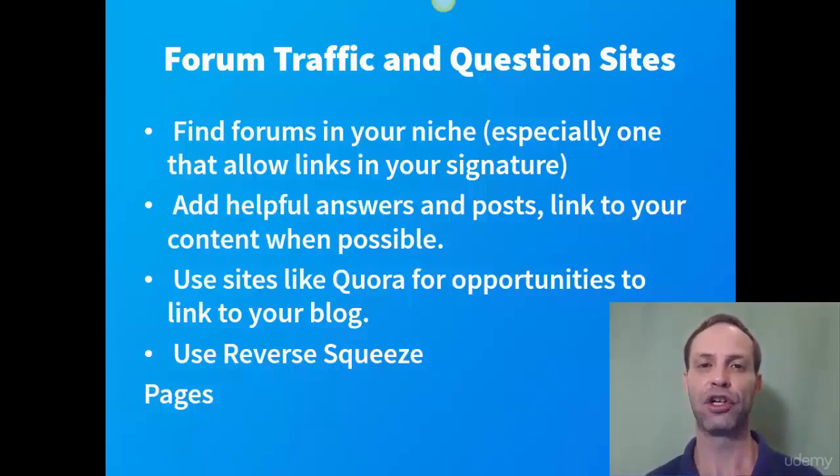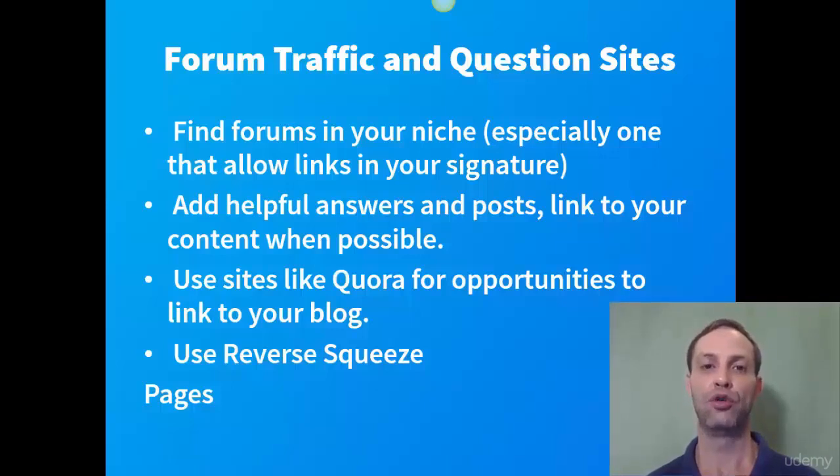So if someone asks a question on a forum about dog training, and you have a blog post directly related to that, you can go on there and say, hey, here's some basic advice, write some simple things in the forum post, and then say, I wrote a whole blog post on it here, check it out if you want, and then just leave the link to the blog post in there. And then when people read and see that you know what you're talking about, they're going to click through to your blog post, check it out, and then hopefully opt in and subscribe to get the lead magnet.